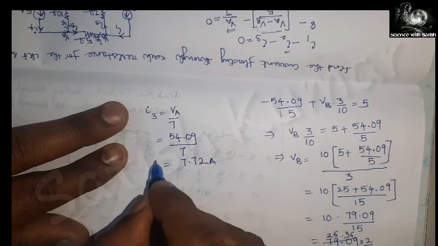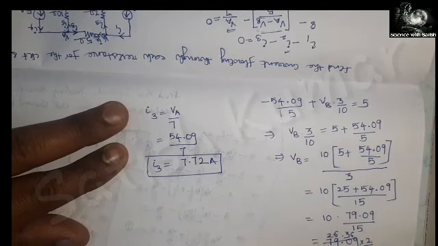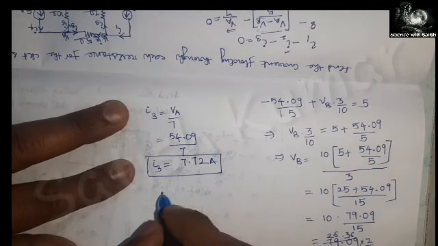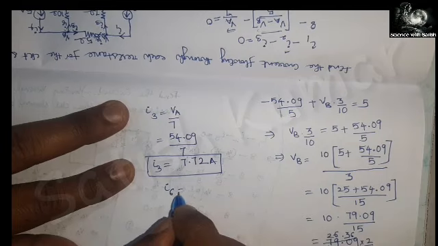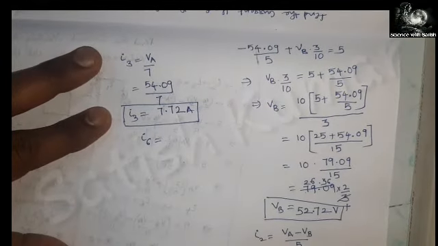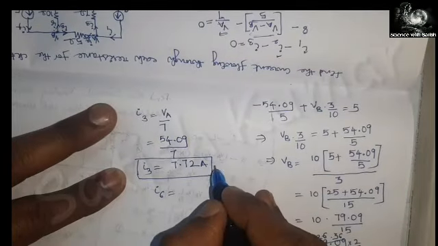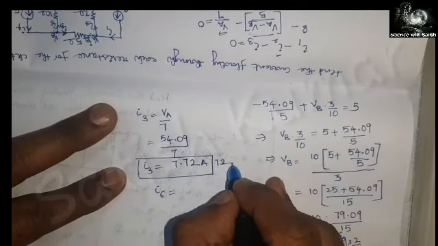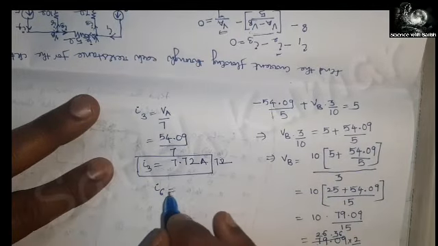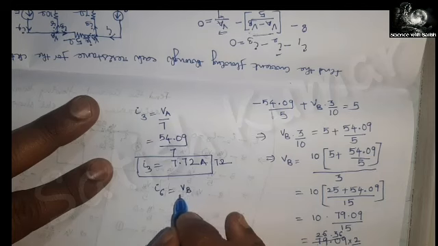So I3 is equal to 7.72 amps. So next I6. I2 is the current flowing through the 5 ohm resistor, I3 is the current flowing through the 7 ohm resistor, and I6 is the current flowing through the 10 ohm resistor. So this is VB by 10.